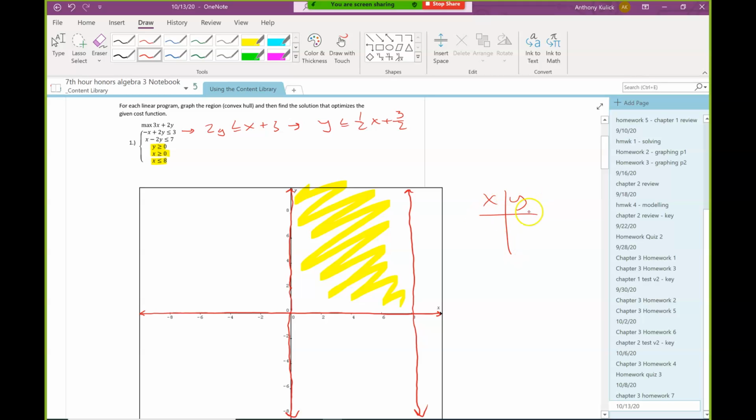So if I go to draw this line, I'd say have 0 and 1.5, and then pick maybe 8, which will give me 5.5. Everybody okay there?